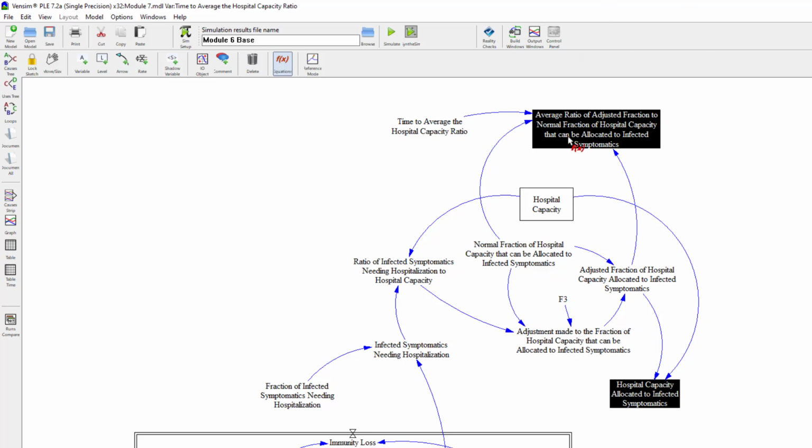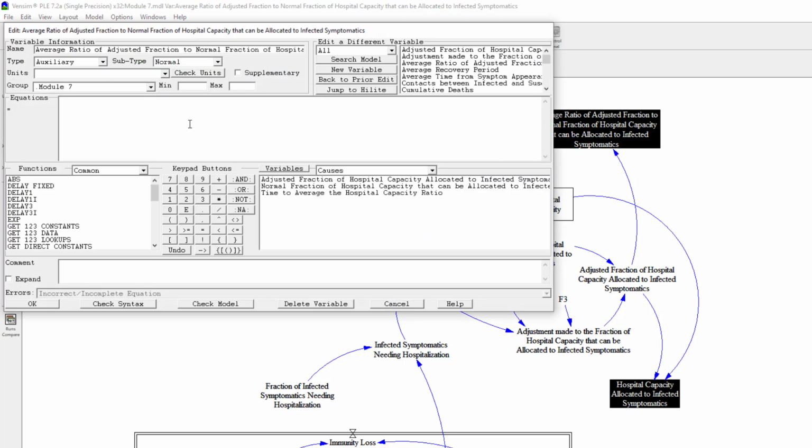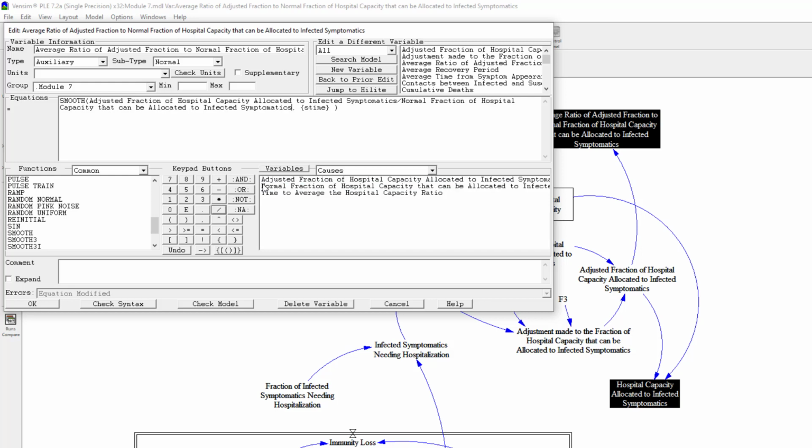Now the average ratio will be using the smoothing formula. So you go down the list here and click smooth. The input will be adjusted fraction over normal fraction.